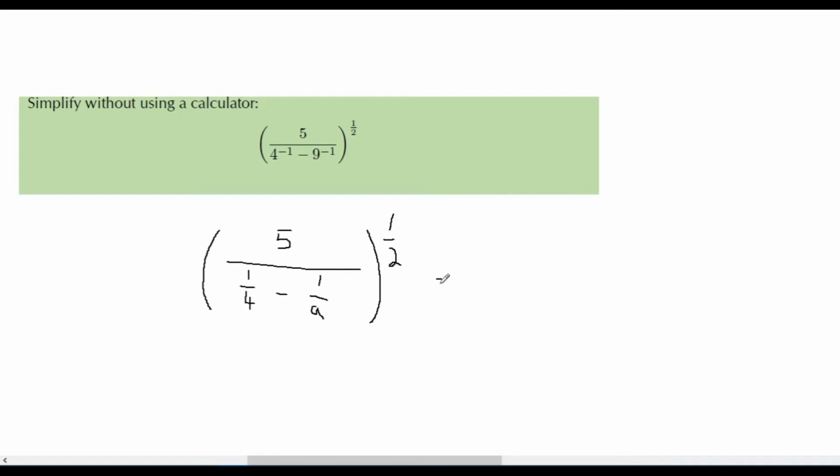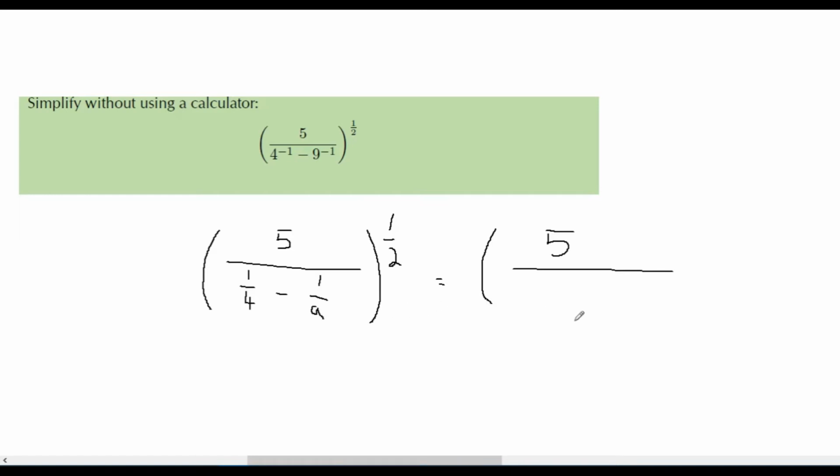And then over here in our denominator we can simplify that even further by finding a lowest common denominator. So the 5 still stays over there. 4 and 9 is 36.